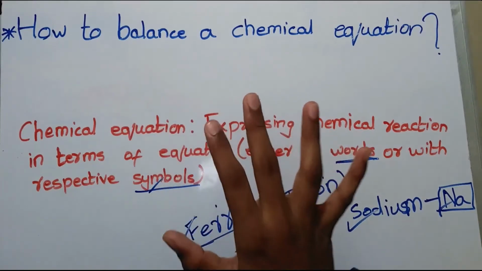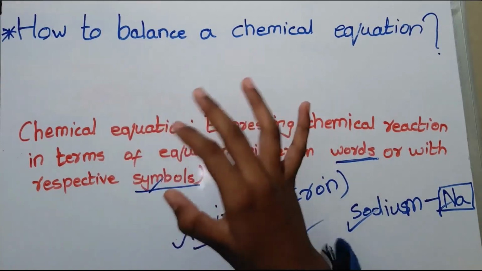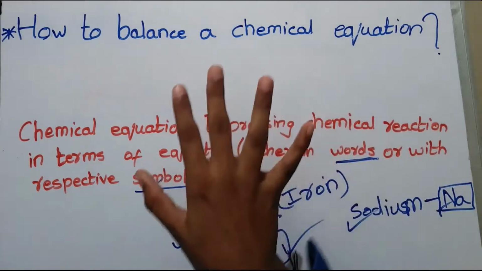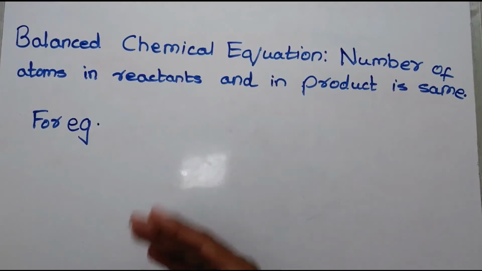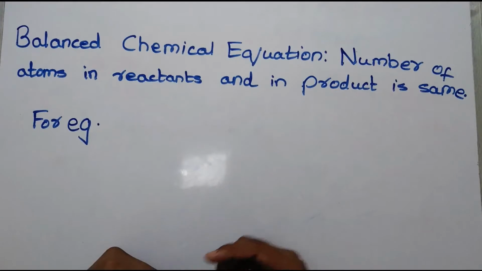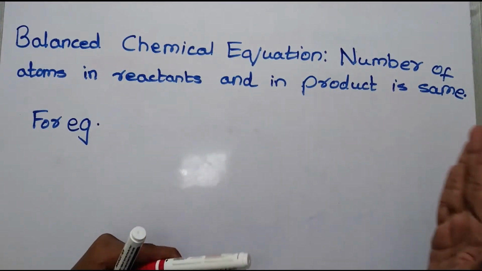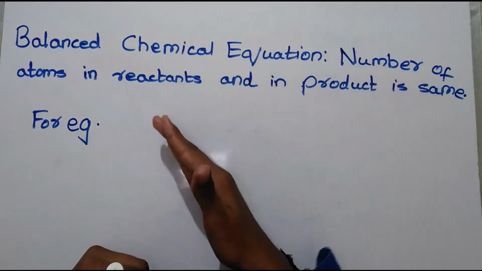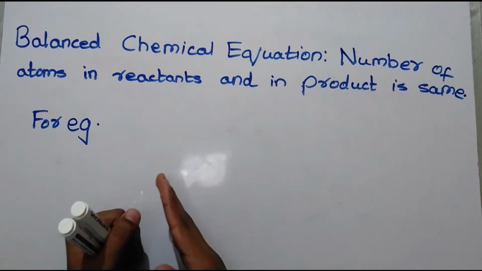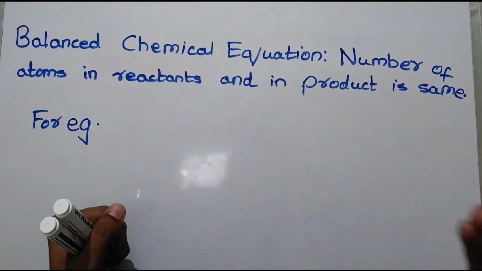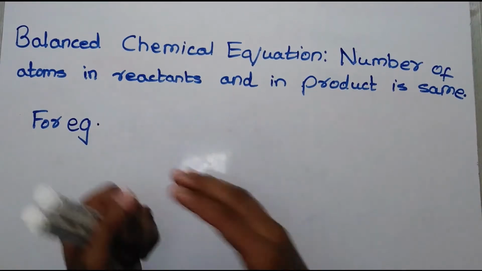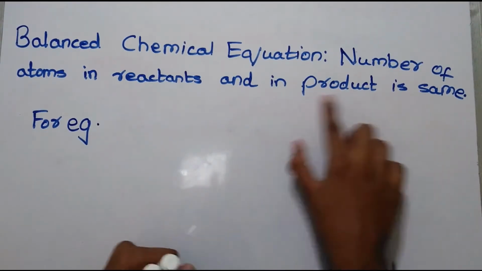chemical equation, and we will also learn what it means to balance a chemical equation and what an unbalanced chemical equation means. So now let us see what a balanced chemical equation is. A balanced chemical equation means if we take any chemical reaction, then the reactants, the chemicals or elements which react to each other and give a result, which results in a new element, is called the product.